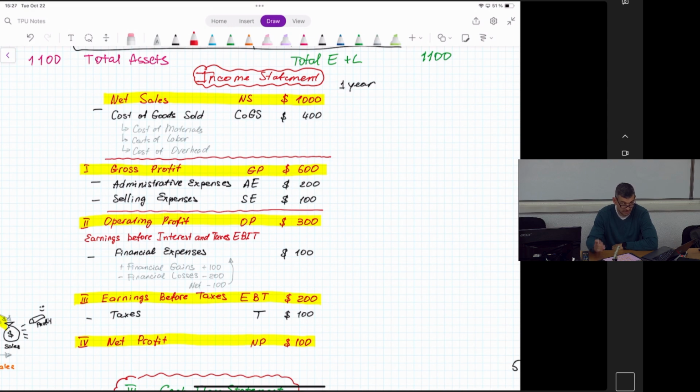Let's find these 4 key words in this example. For example, gross profit. We can say that gross profit, the 600, is the difference between net sales, our income, and cost of goods sold, our expenses, over a year.